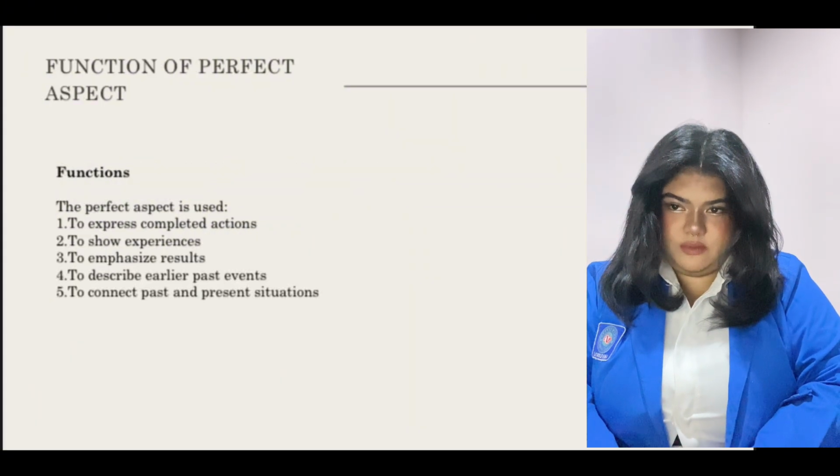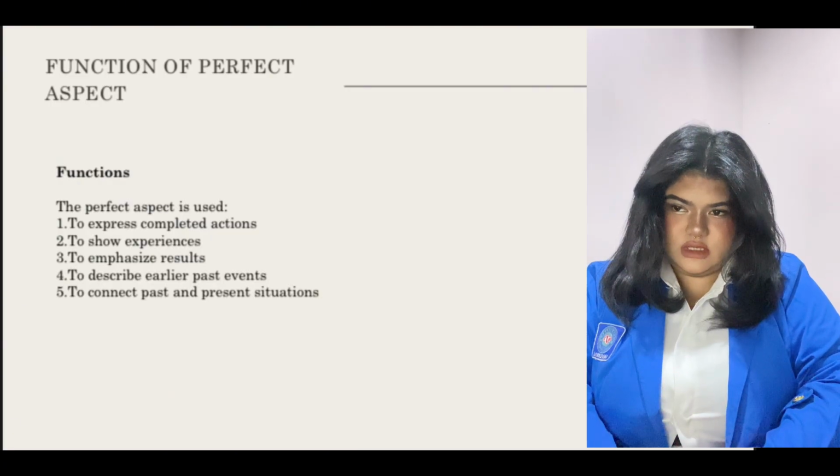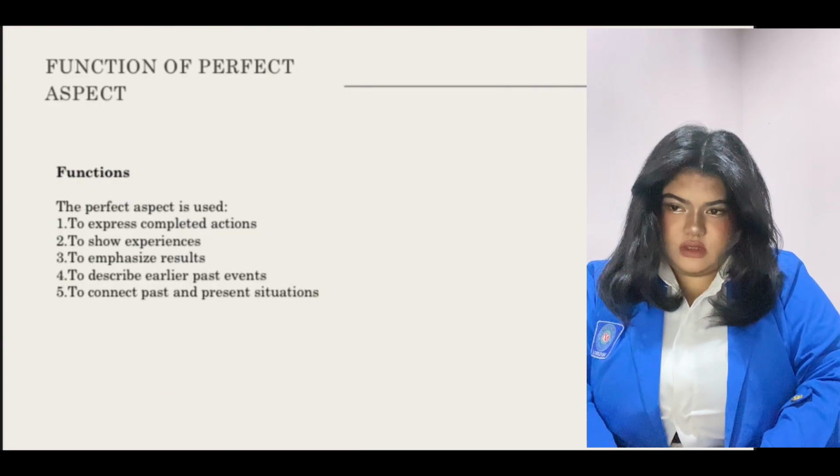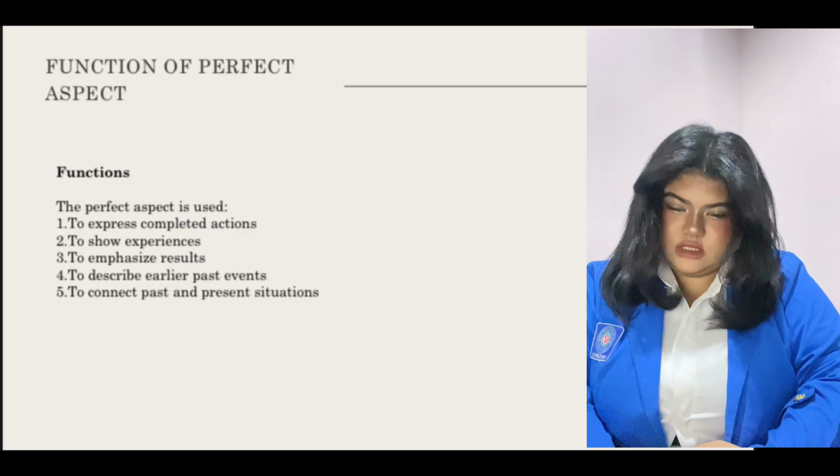For the functions of perfect aspect, the perfect aspect is used first to express completed actions, second to show experiences, third to emphasize results, fourth to describe earlier past events, and fifth to connect past and present situations.